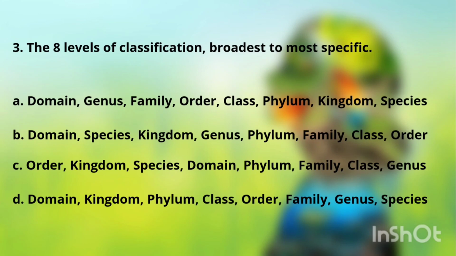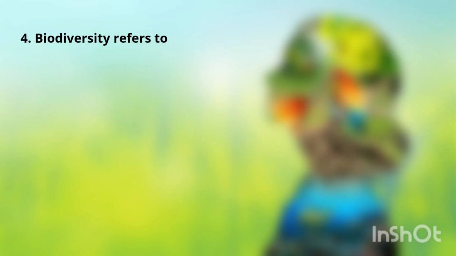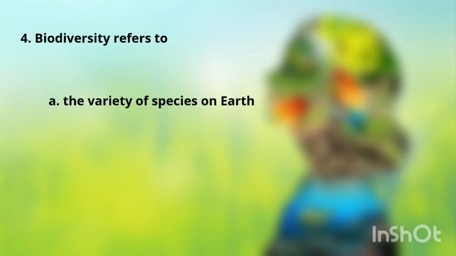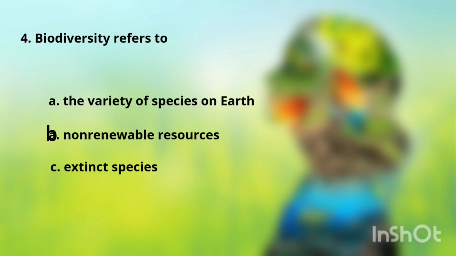And letter D. Domain, kingdom, phylum, class, order, family, genus, and species. Alright. Number 4. Biodiversity refers to A. The variety of species on Earth, B. Non-renewable resources, C. Extinct species, D. The rate of species decline.